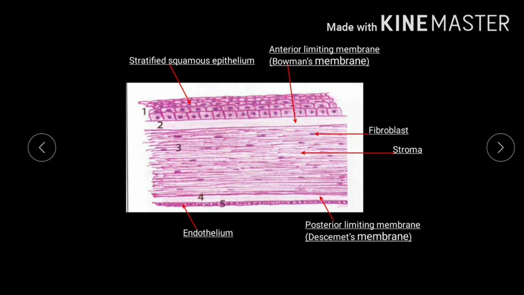Now the last layer, the corneal endothelium, number 5 shown in this figure, is the most posterior structure, and it is mainly made up of simple squamous as well as low cuboidal type of cells.